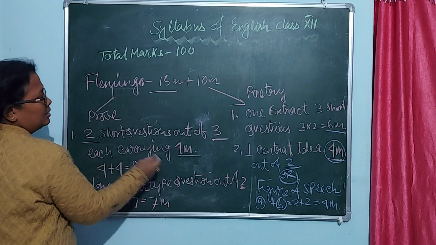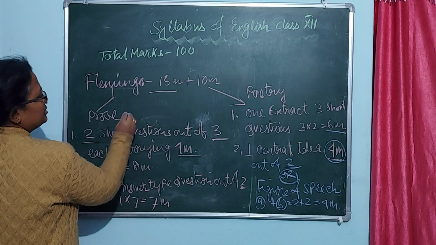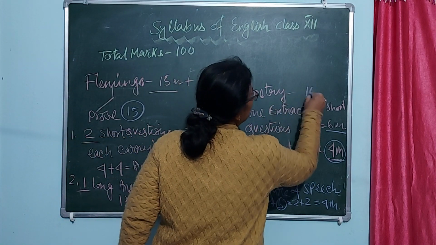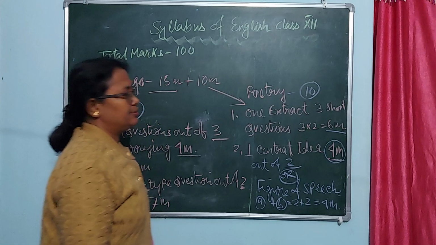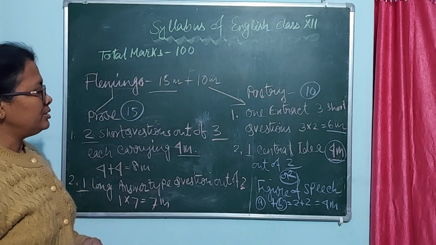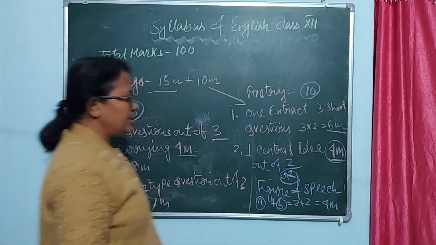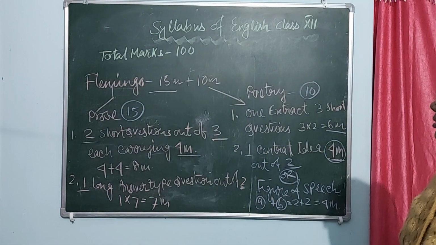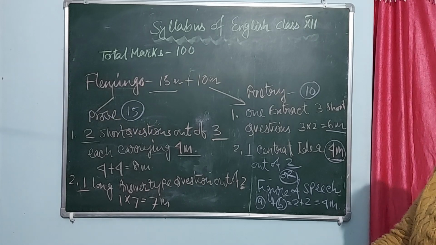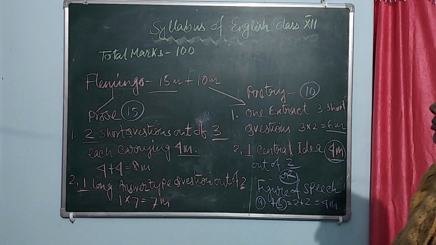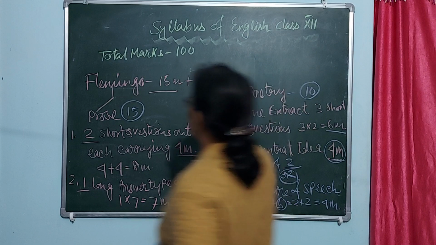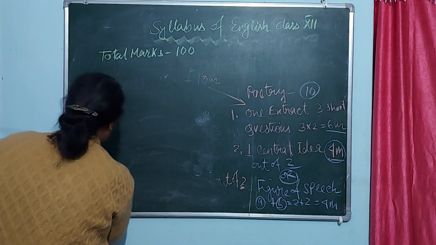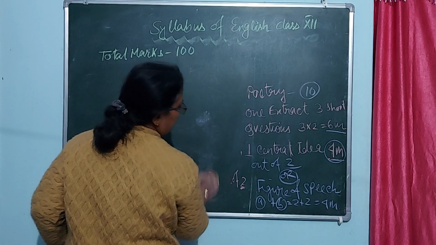Flamingo prose, what are the marks here? 15. And poetry here, 10 marks. So we got it. Now one more is there, that is Vistas. First write down this. Then we will move to our next one, Vistas. The supplementary book is there.